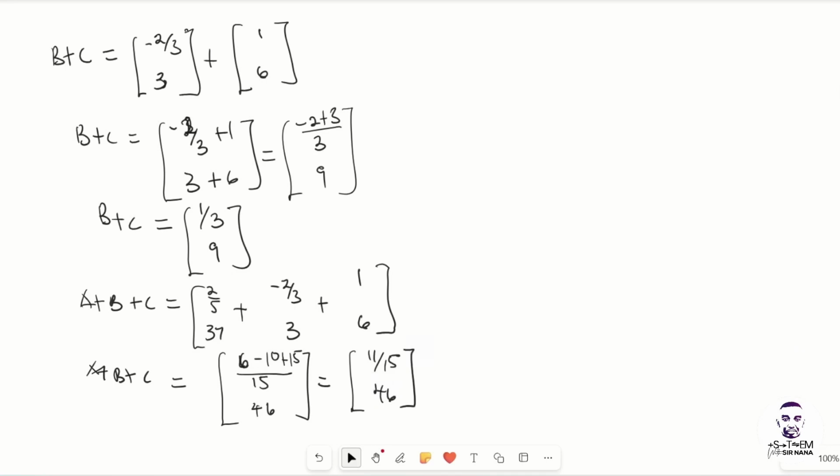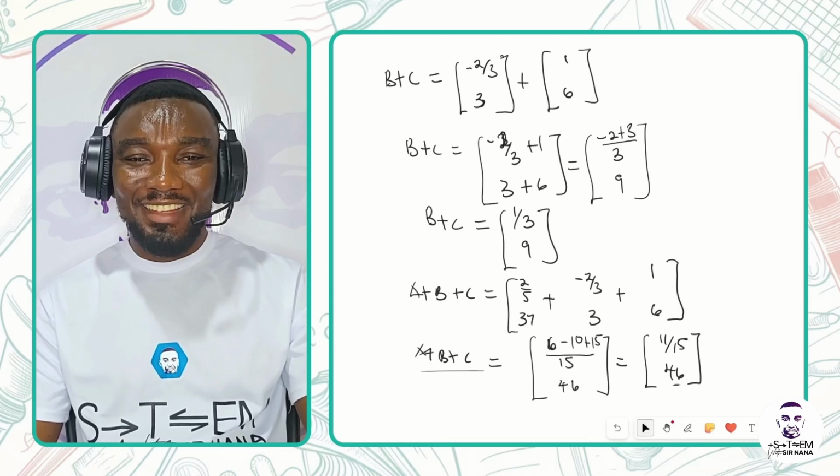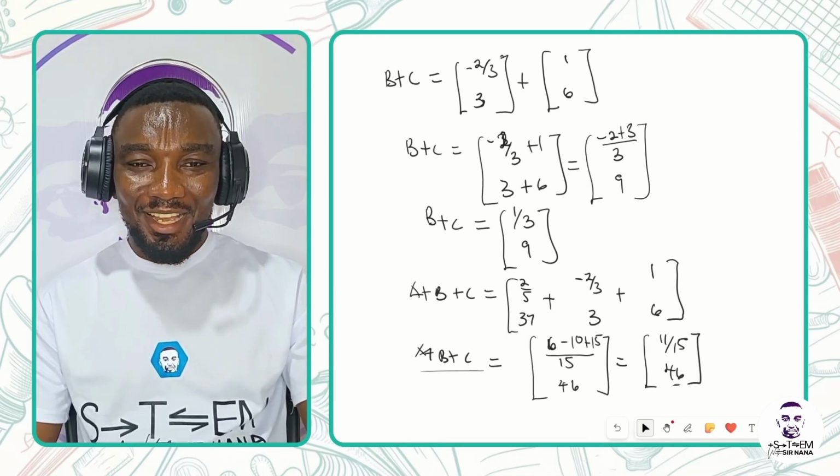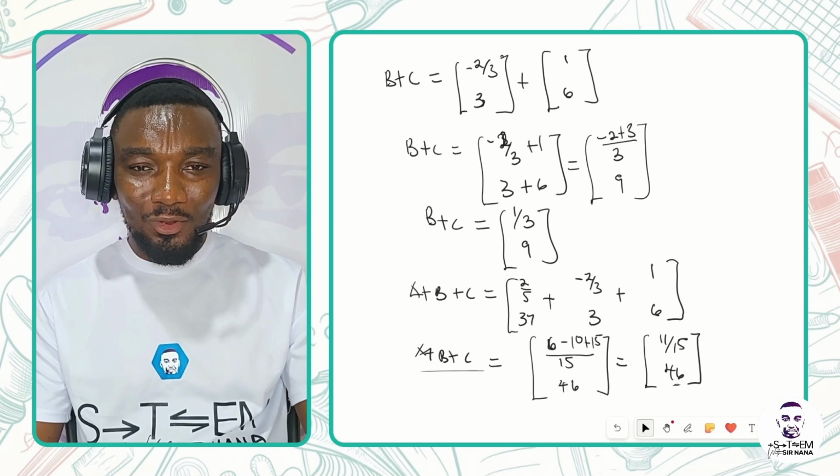So A plus B plus C is equal to 11 over 15 for the x coordinate and 46 for the y coordinate. You realize that in this question we have gone through the whole process of adding vectors, and we've looked at how we can add vectors, even when they include fractions as part of the coordinates.